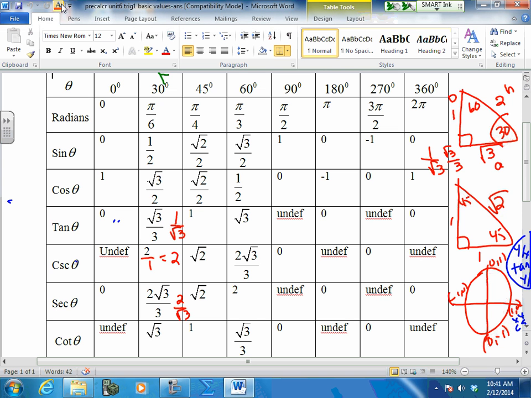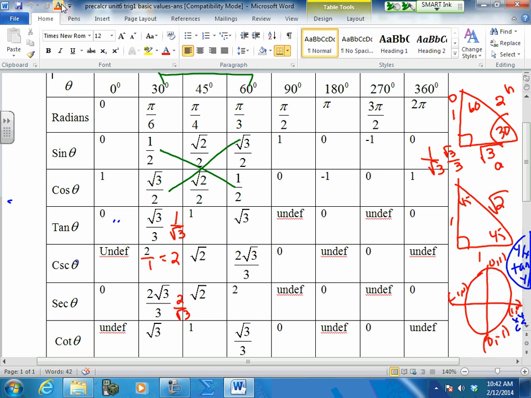Now, what I also want you to see is this. When I get to the 60, the 60 is a complementary angle of 30, right? Because 30 and 60 add up to 90. Their co-functions are the same. So the sine of my 30 will be the cosine of my 60. The cosine of my 30 will be the sine of my 60.